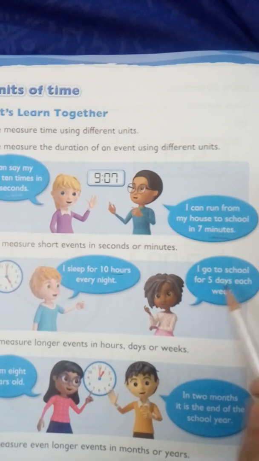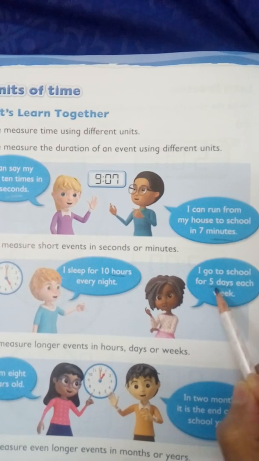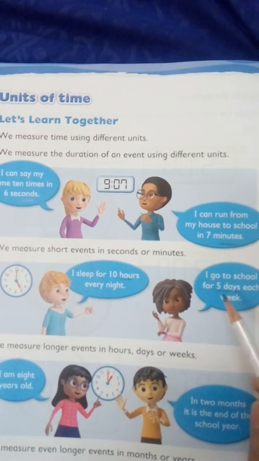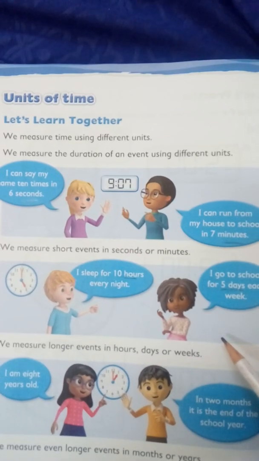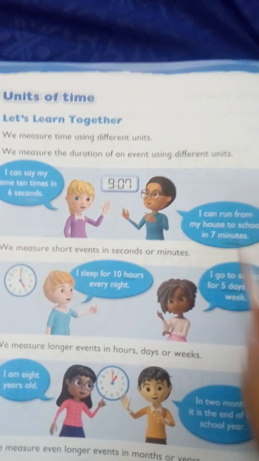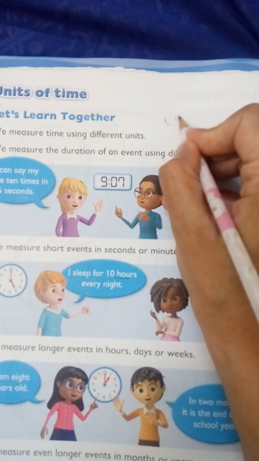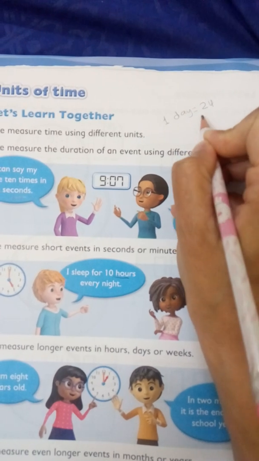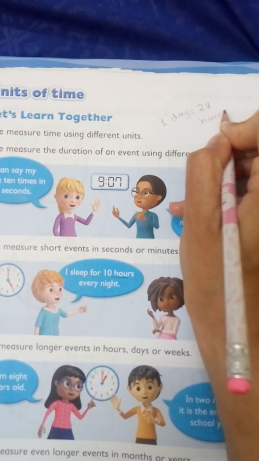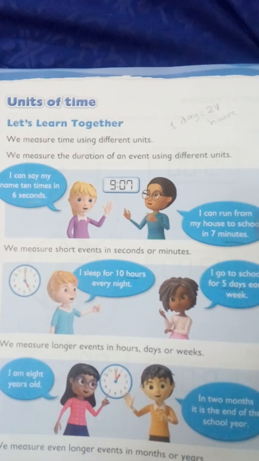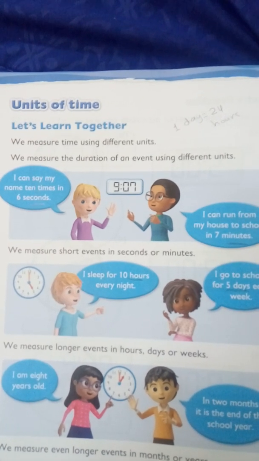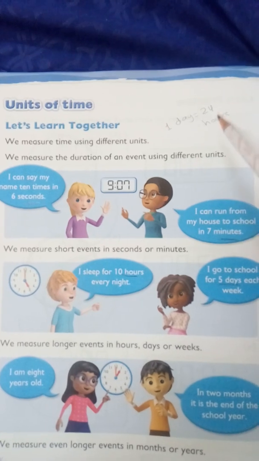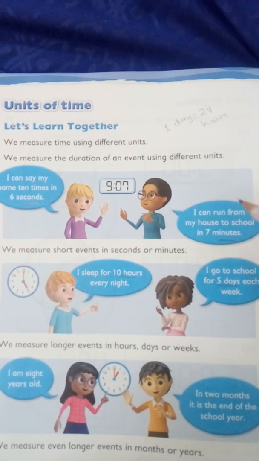Now, how many hours do we have in one day? Do you know? We have in one day 24 hours. 12 hours, almost 12 for day and almost 12 for night, when we have the day and night equal.